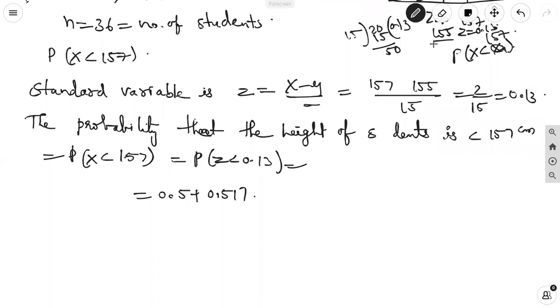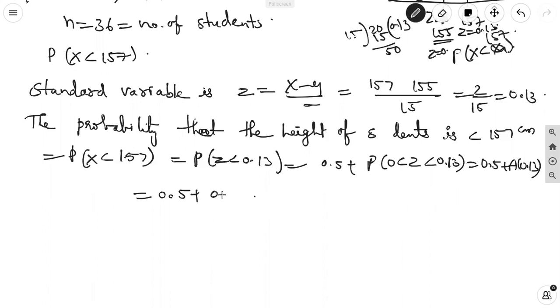But here 155 is the Z equal to 0. We are taking the less than of 157, which means here we are taking 0.5 plus probability of 0 is less than Z is less than 0.13, that is equal to 0.5 plus area of 0.13, it is equal to 0.5 plus the value of this is 0.0517.